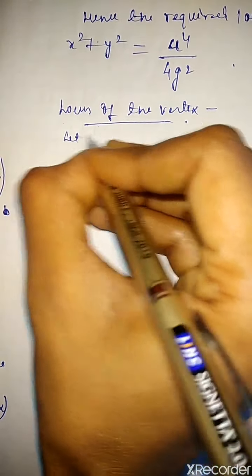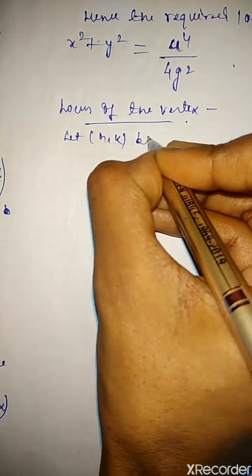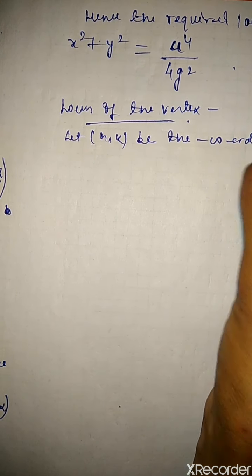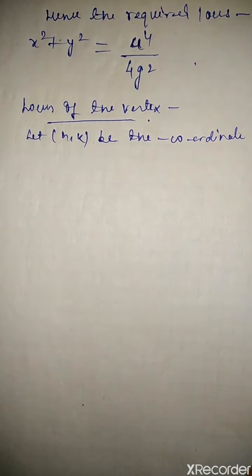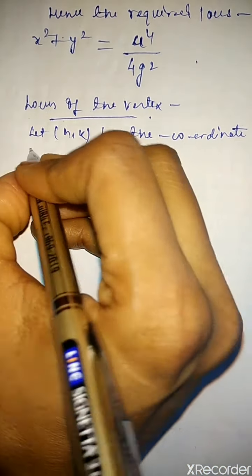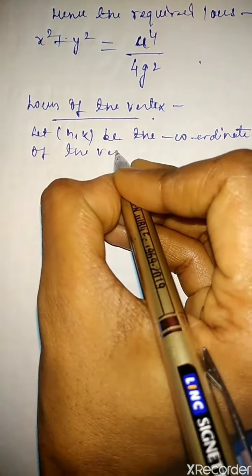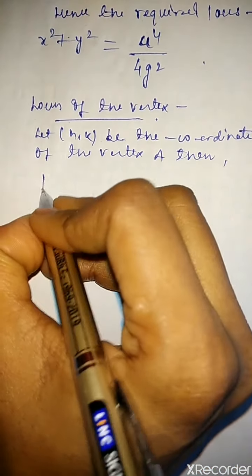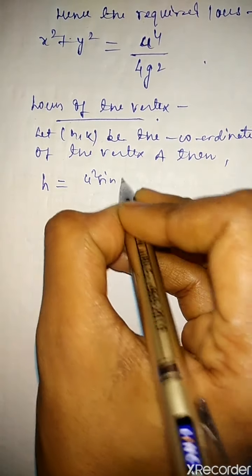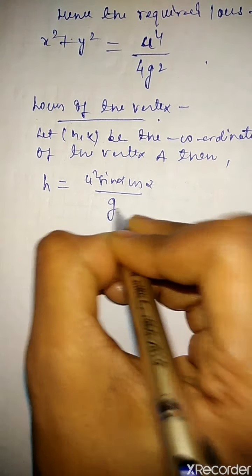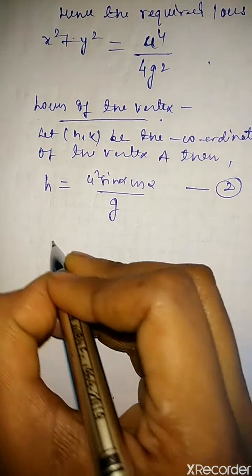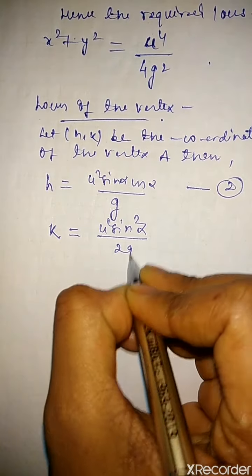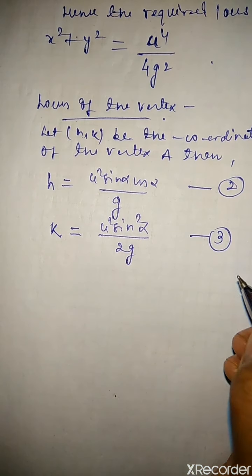Let h, k be the coordinates of the vertex A. Then we have h equals u square sin alpha cos alpha divided by g, put this as equation number 2, and k equals u square sin square alpha divided by 2g, put this as equation number 3.